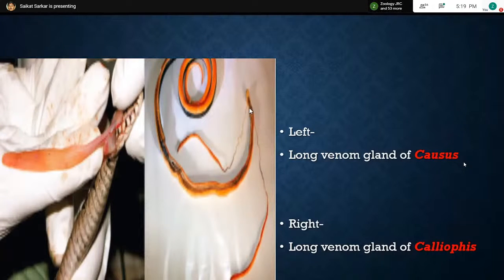These are Calliophis, very brightly colored and deadly venomous snakes, and they are well-known snake eaters. They love to eat venomous snakes. And this is the gland. Just look at the length of the gland. If this is the length of the body, just imagine how long a gland they have.